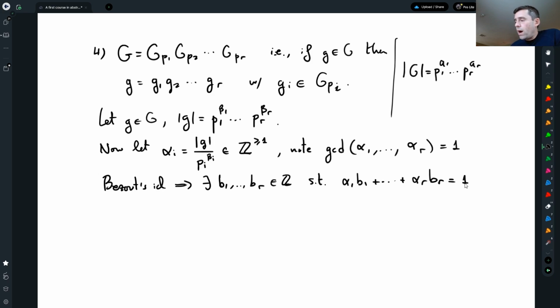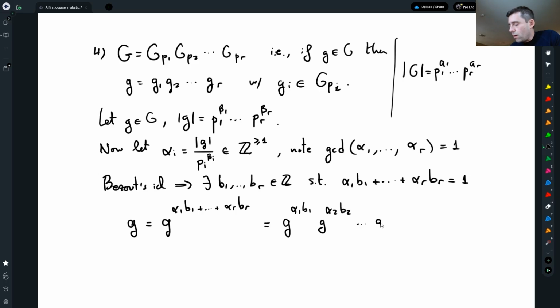Okay, so why is that helpful? Because then I can write g, which is g to the 1, as g to the alpha 1 b1 plus through alpha r br, and that will be g to the alpha 1 b1 times g to the alpha 2 b2 times through g to the alpha r br by the laws of exponents.